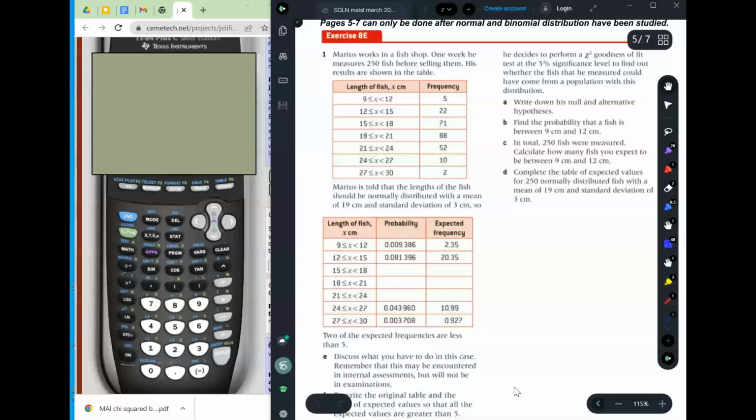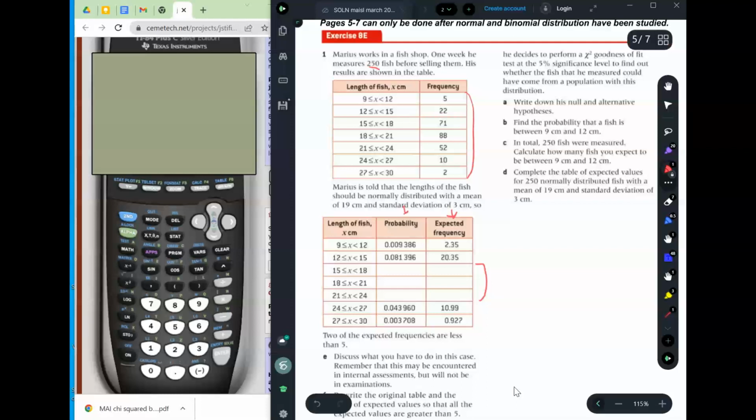Let's use what we know about normal distribution to calculate some of these unknown numbers, which they didn't give us. First of all, how many fish are there? There's 250 fish. So all the numbers in the expected frequency column add up to 250, just like these add up to 250.